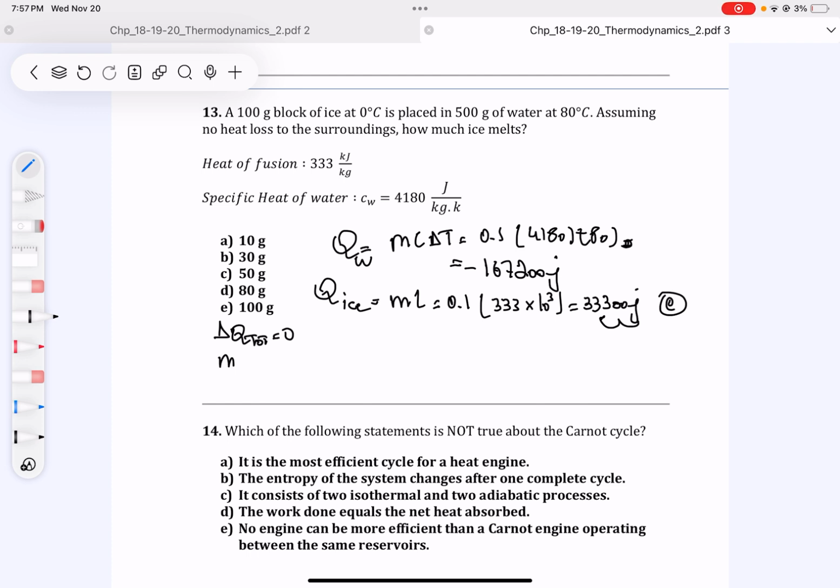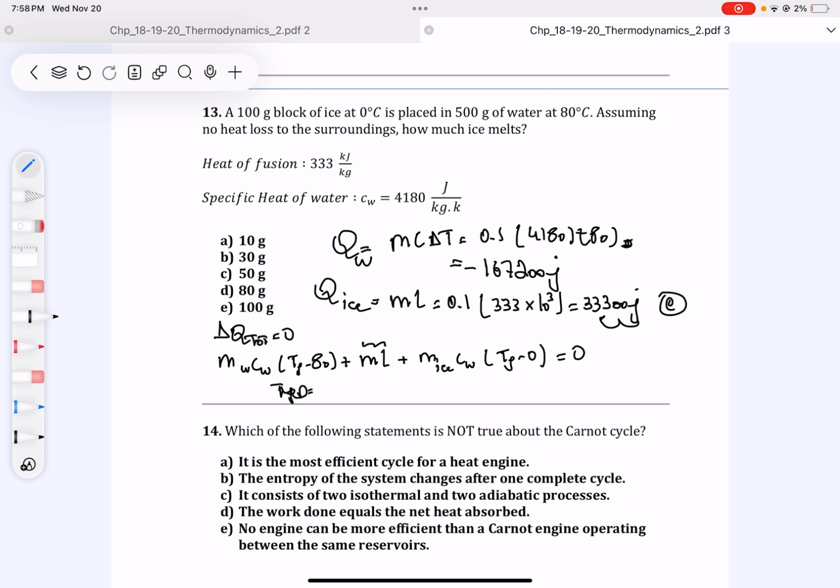Then m_w c_w (T final minus 80) plus mL, that's the heat needed to completely melt the ice, plus m of the new water, we will call it ice water, times (T final minus 0), because when the ice melts, it's still at 0. From here we can get that T final.